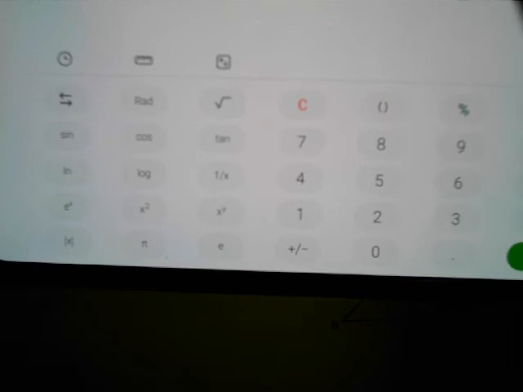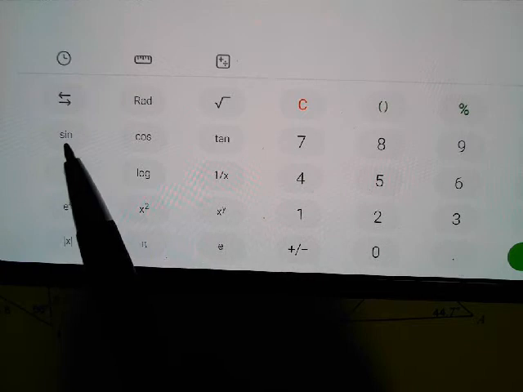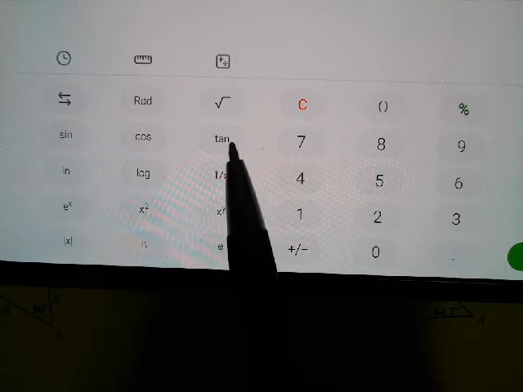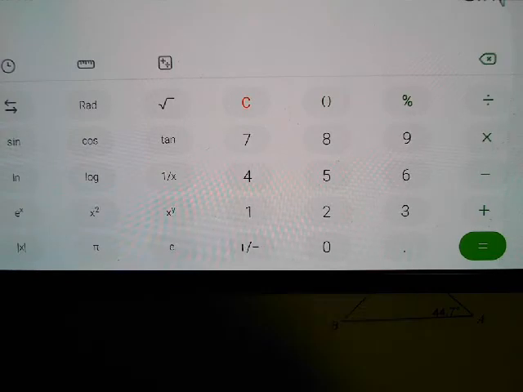Focus in. Okay, you can see it there. It says sine, cosine, tangent.